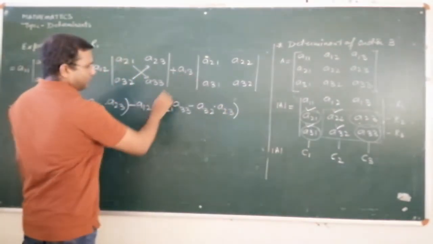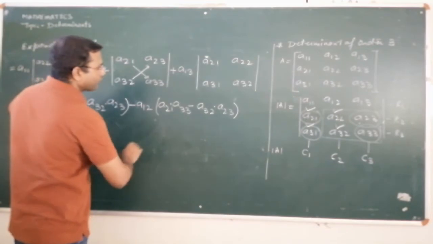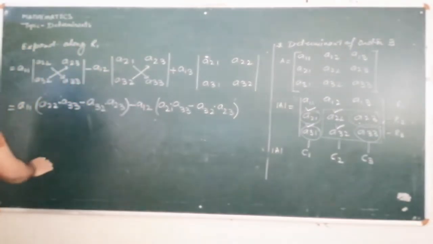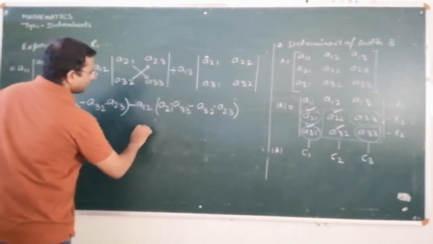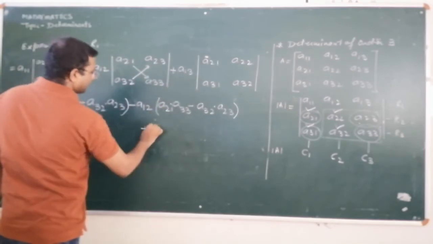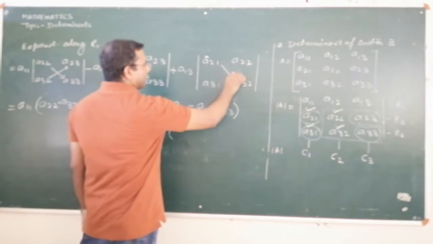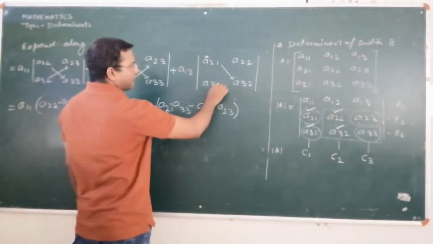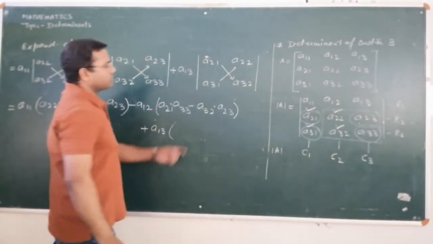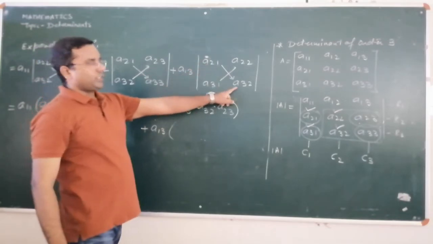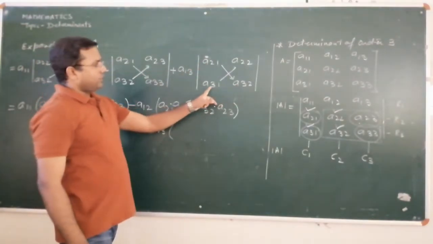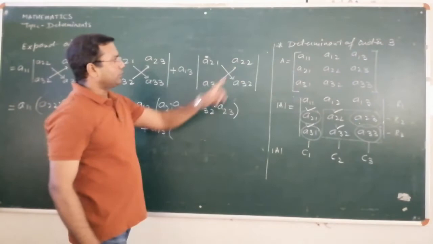Last step is this here also. We will write here, this plus this A13 and the product of this determinant. Similarly we will extend again. So we will multiply A21 into A32, minus A31 into A22.